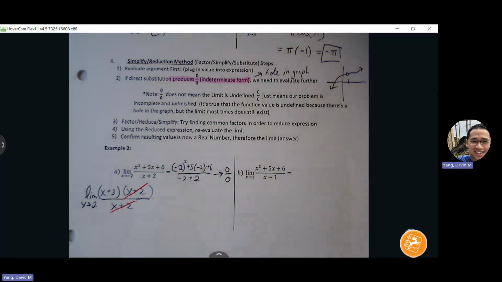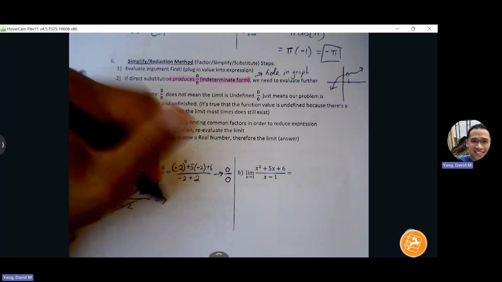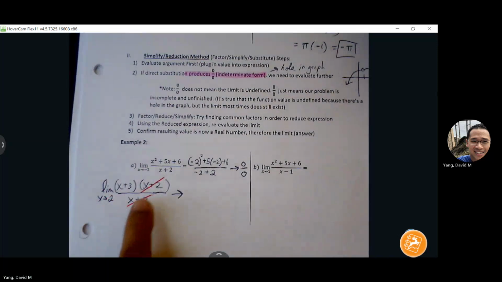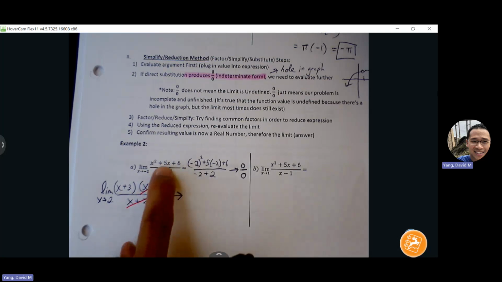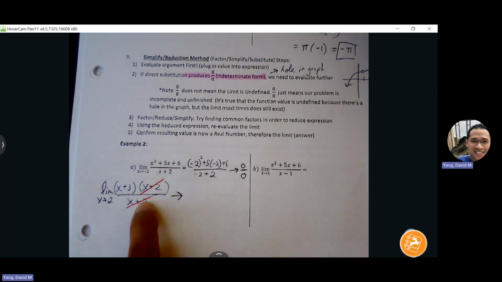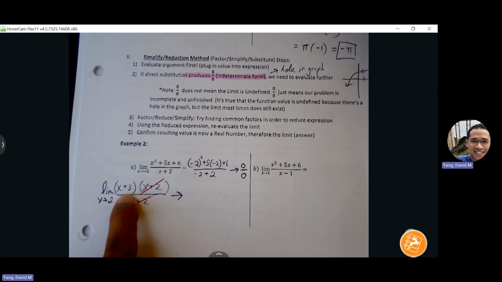And now we can evaluate the limit and pretend like this is a continuous function, basically creating a continuous graph without the hole in it, and then we're just evaluating the limit at this stage. So we're going to reevaluate the limit, and we're hoping that with the hole removed we'll get a real number. If I do direct substitution again, what do we get?